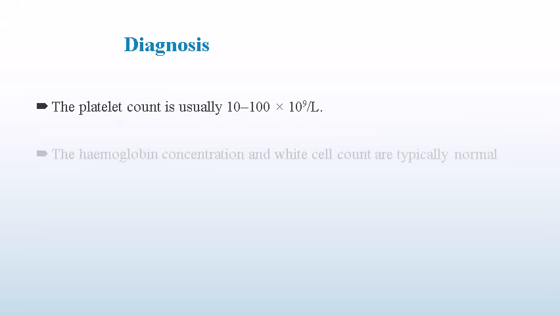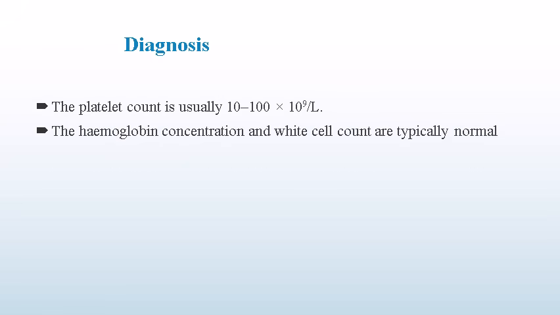We should do a bone marrow examination to figure out if there is underproduction of platelets or peripheral destruction. Usually the bone marrow in a patient with ITP is active and normal. Platelet count is usually reduced.